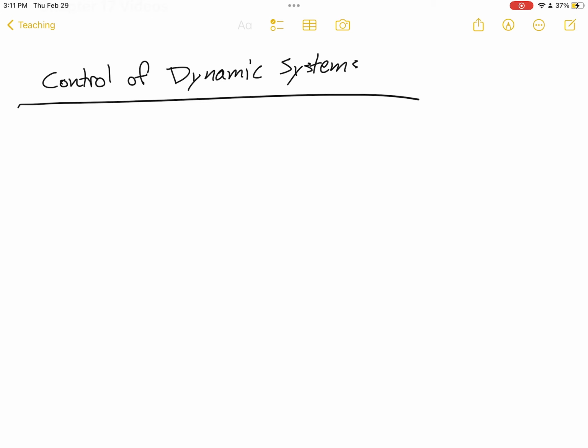Today we're going to be introducing a new topic of control, and controlling a dynamic system.